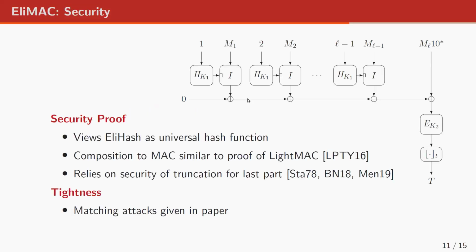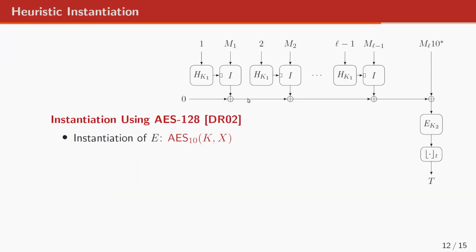The main incentive originally was to use round-reduced versions of AES for the hashing to speed it up while still getting some provable security guarantees. So it now makes sense to actually instantiate this scheme. So instantiate H, I, and E using AES, and in this case, AES 128.